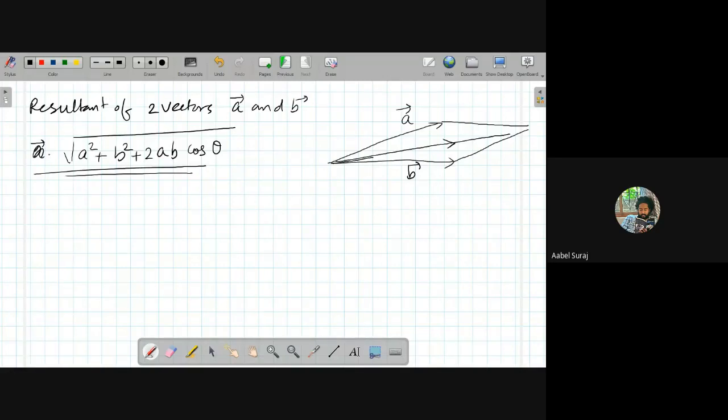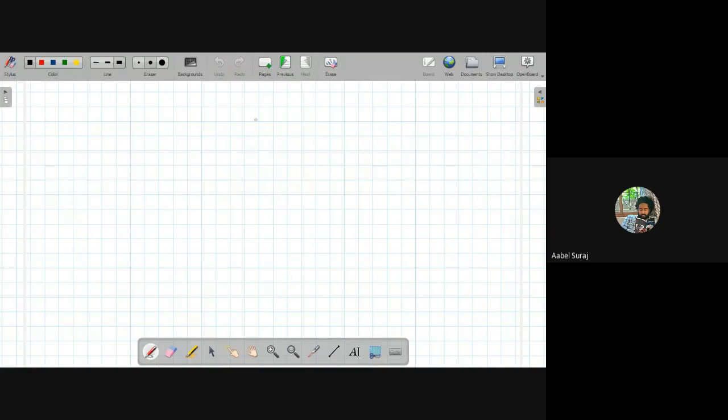Now we'll move to vector differentiation. It's a very important idea because so many questions are there in vector differentiation.